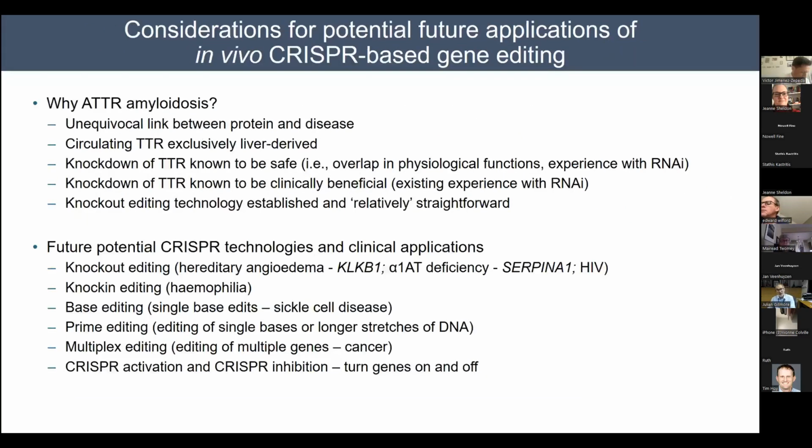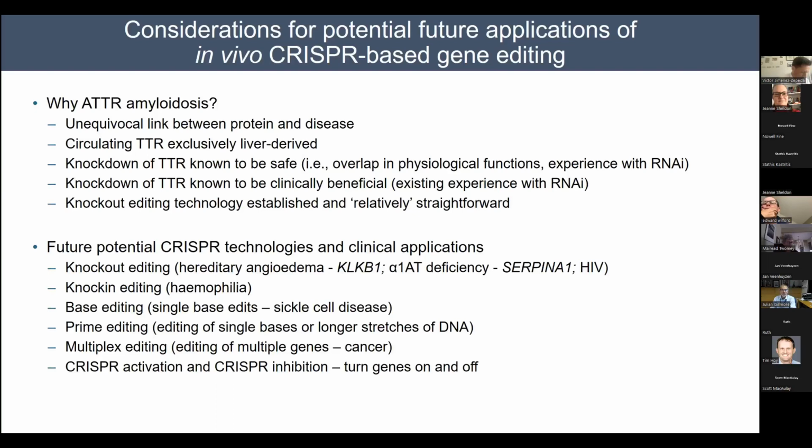So lastly, in considering the potential future applications of CRISPR, let's step back one stage, if you like, and think, why is it that ATTR amyloidosis was chosen as the prototypic clinical indication for the Alnylam, Ionis, and indeed the Intellia pipeline programs? Well, there's an unequivocal link between the protein and the disease. You need protein deposition to cause amyloid, if you like.